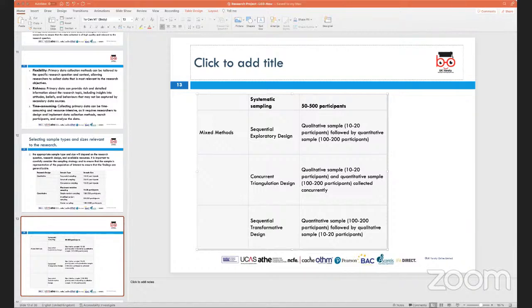So we'll start off with the quality sample of 10 to 20 participants, but at the same time we'll start collecting data from a majority of participants involved in the research, and that data is going to be collected concurrently. Now, the reason for collecting data concurrently is to cross-validate and corroborate the findings for the purpose of a particular study.